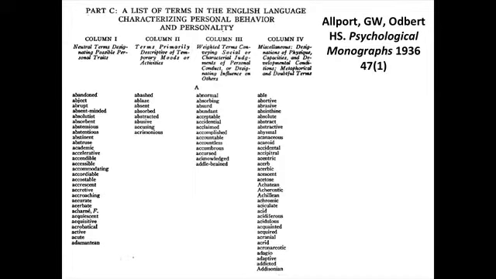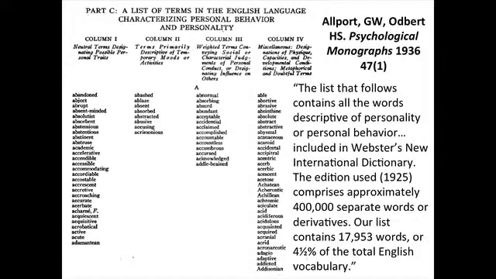In the 1930s, psychologists Gordon Allport and Henry Odbert attempted to answer this question. They published their findings in 1936. Their approach was to look at every word in the 1925 edition of Webster's New International Dictionary and indicate whether the word might be used to describe a personality trait or behavior.